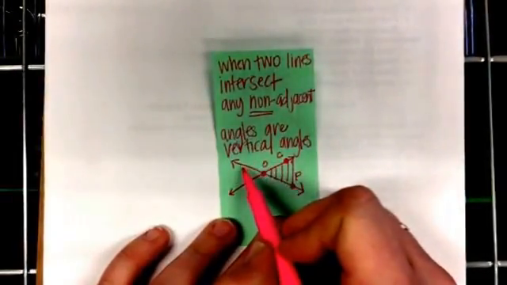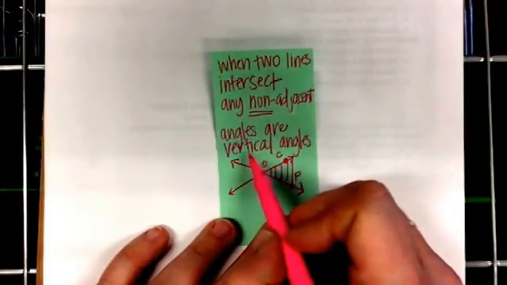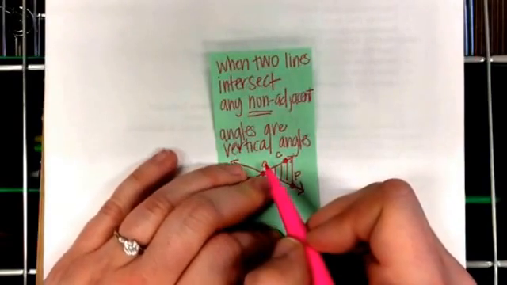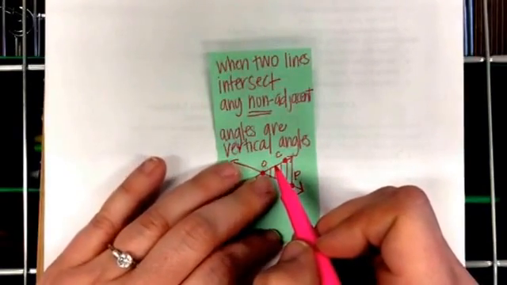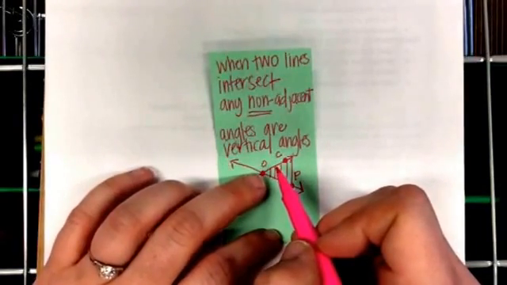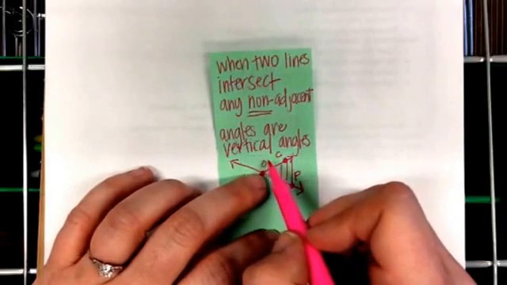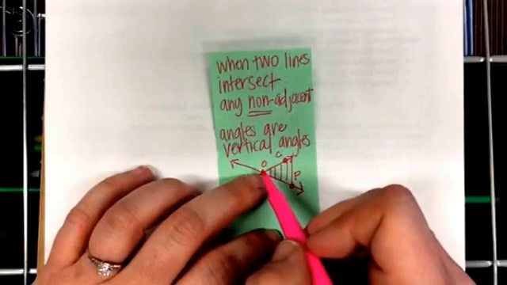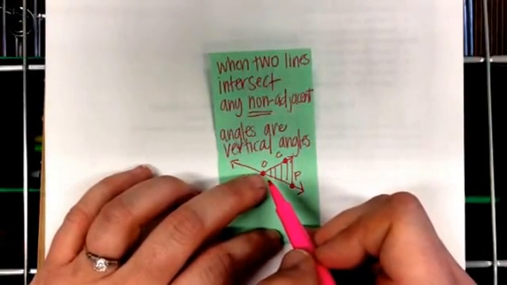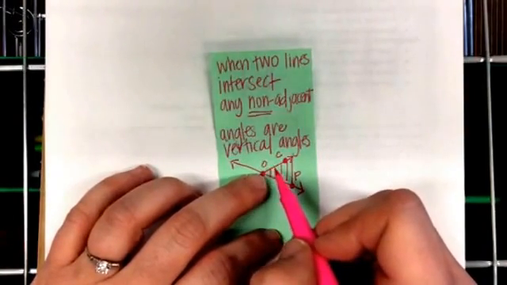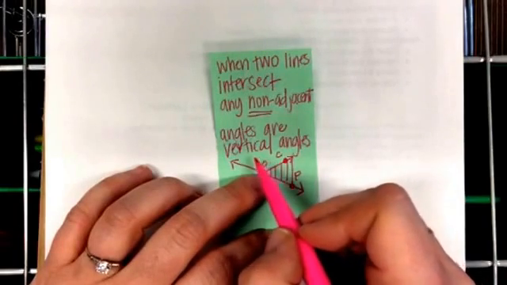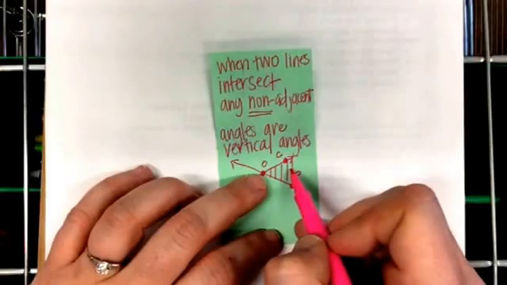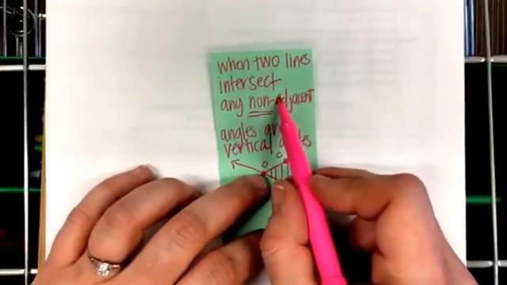Is this one on top non-adjacent? This guy on top is not adjacent. Is this one adjacent or non-adjacent? It doesn't share a side? Oh yeah, it does. What side does it share? OC. So that's adjacent. I want non-adjacent.